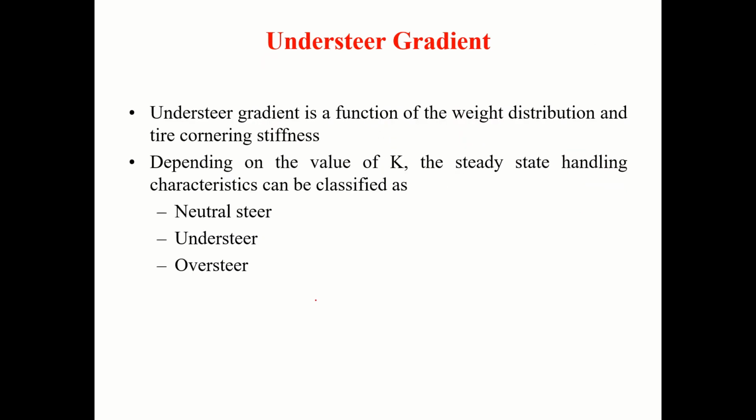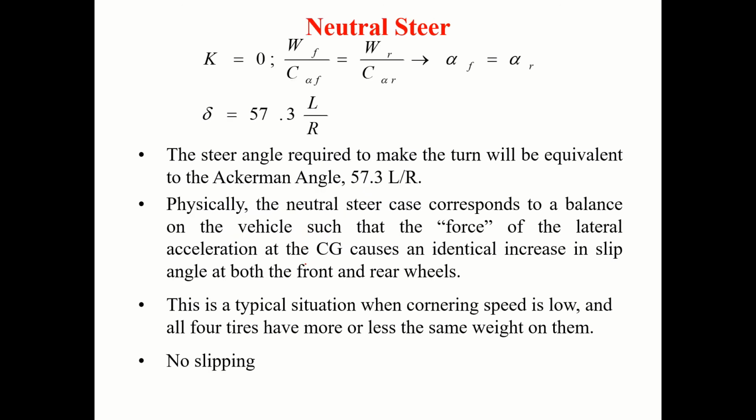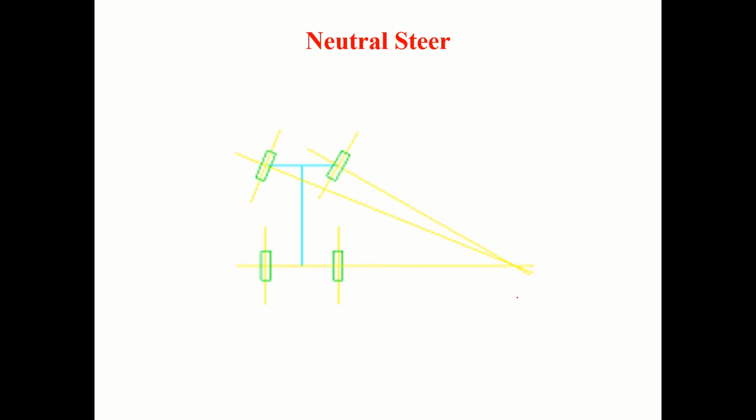What is the physical interpretation of this? Neutral steer, understeer, oversteer. So K equal to 0, I said these two are equal, alpha F is equal to alpha R, delta is equal to 57.3 L by R. That means all four wheels rotate about this point.